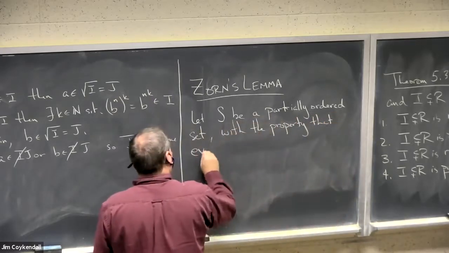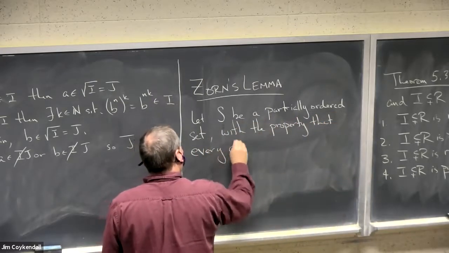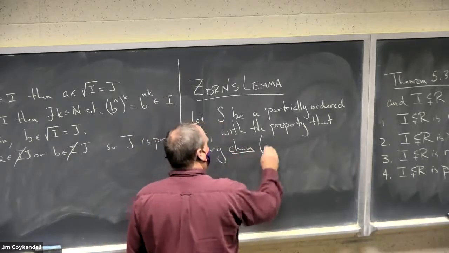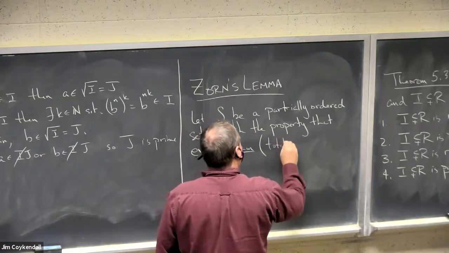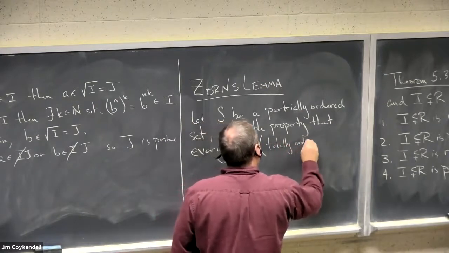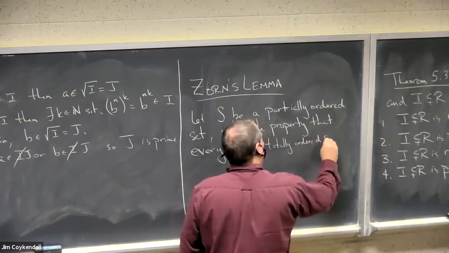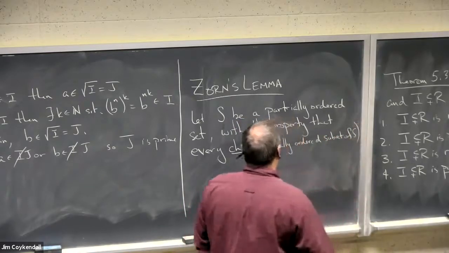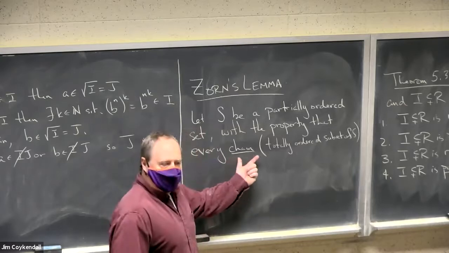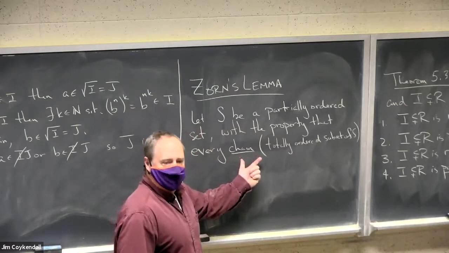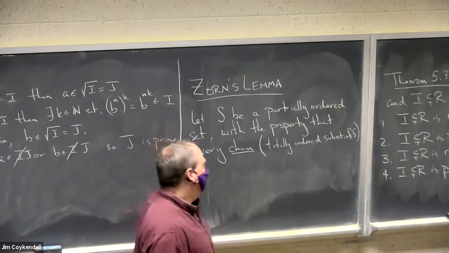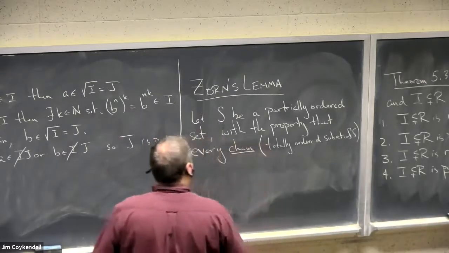Every chain, let me define what this means, is a totally ordered subset. In other words, when I have a chain, that means I pulled all apples out of the basket, or all oranges. So a chain is totally ordered, meaning you can compare everything in the subset.